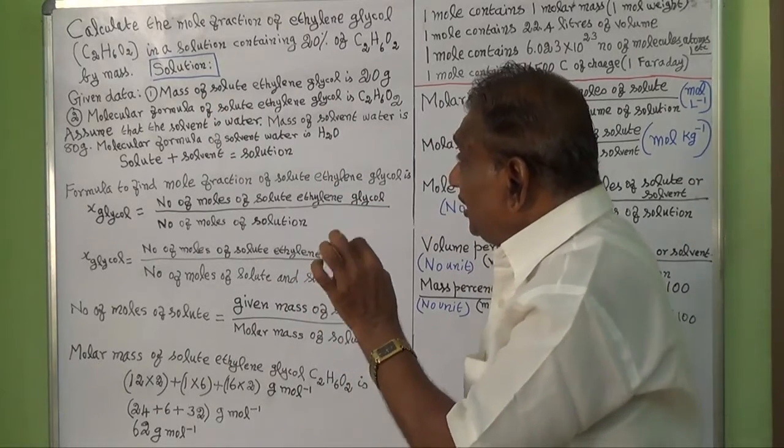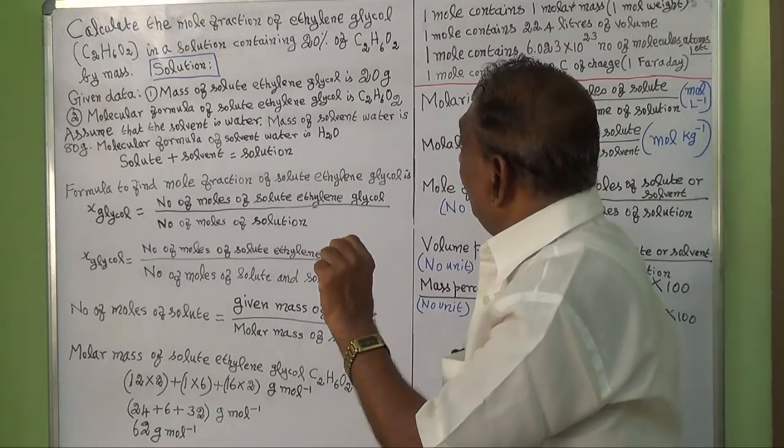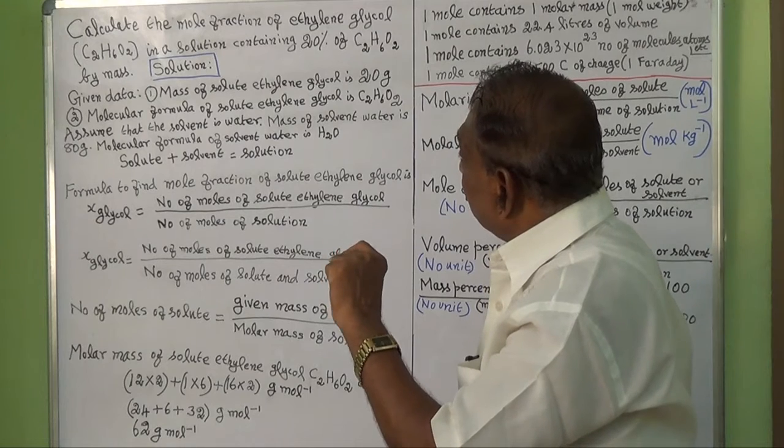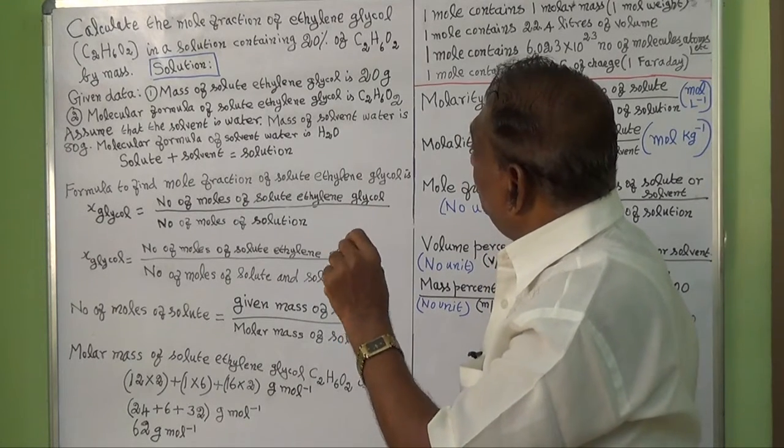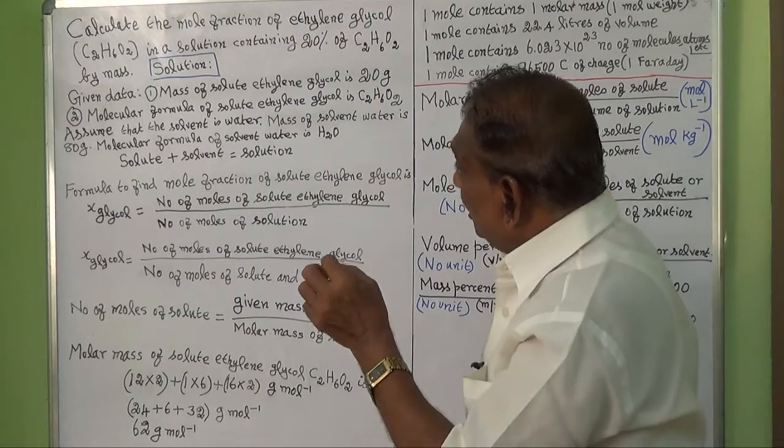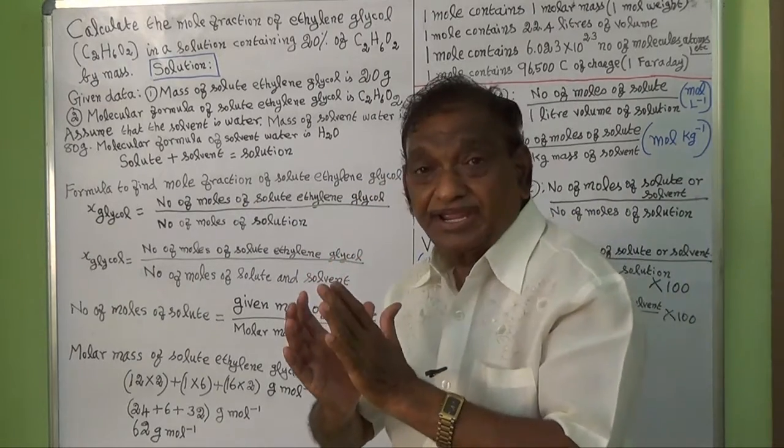It is mentioned in the sum that the ethylene glycol contains 20% by mass in a solution.